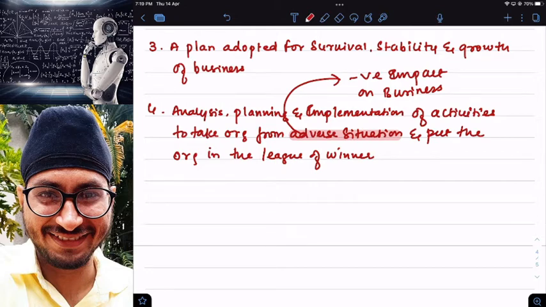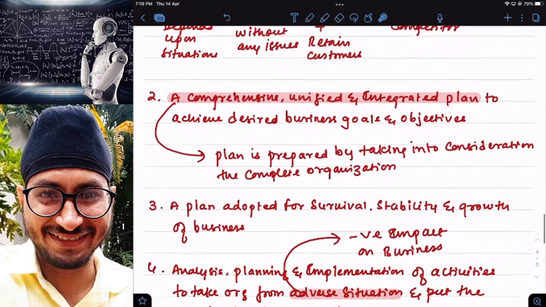The government sold off its stake to whom, sir? To Tata again. This is called planning, removing the company from a negative situation and creating positivity around the company, or converting a loss making company into a profit making company. It is again an example of strategy.